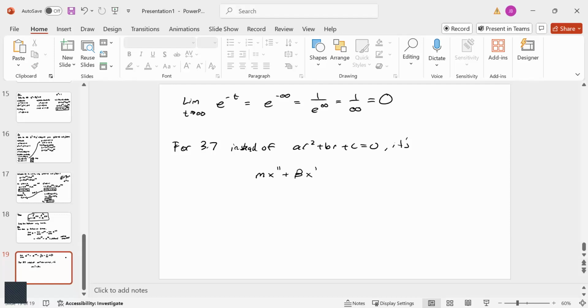I use beta, but some other sources use other letters. Well, guess what? The solution is right here. Divide everything by k.